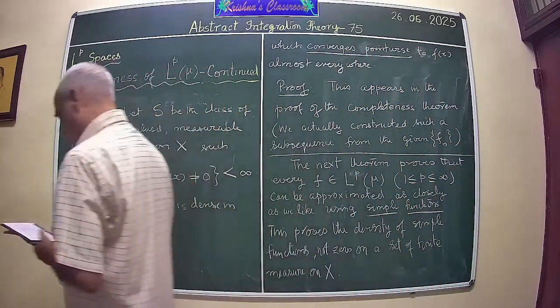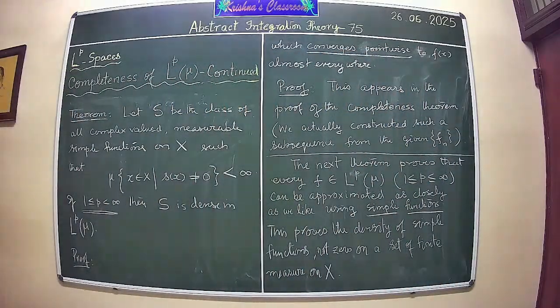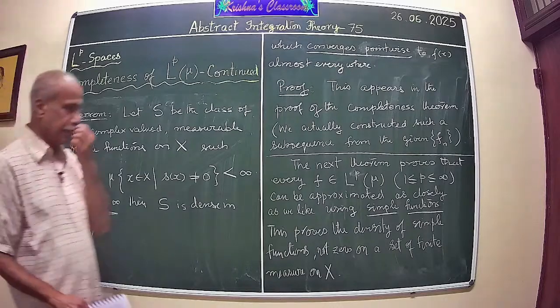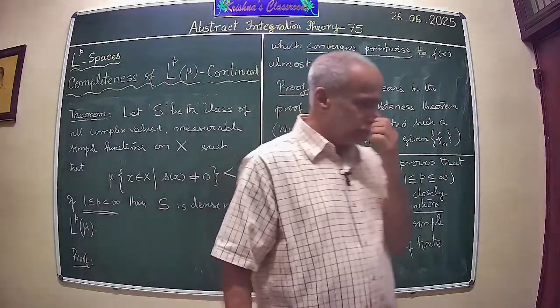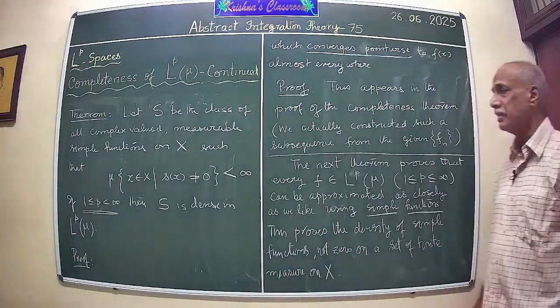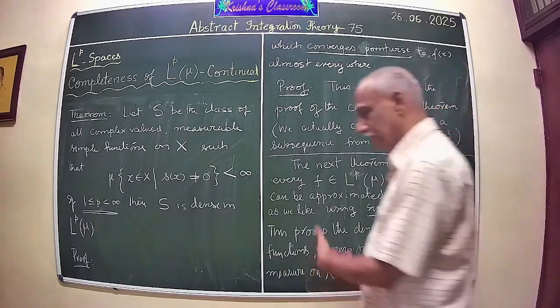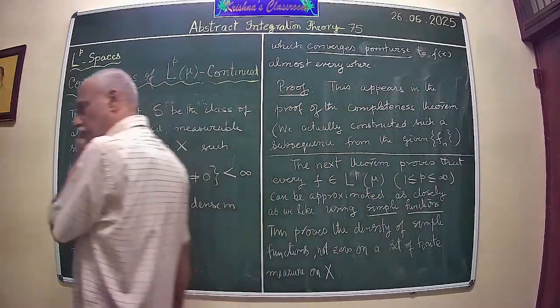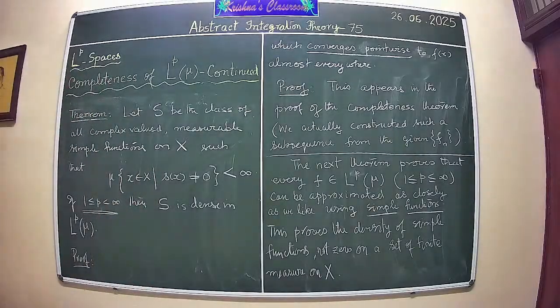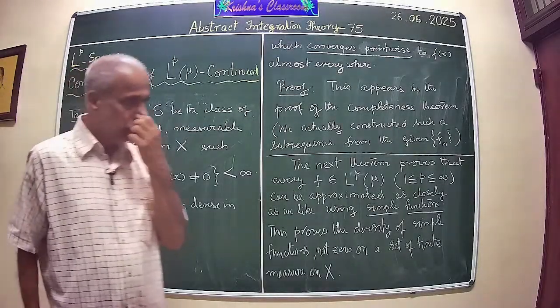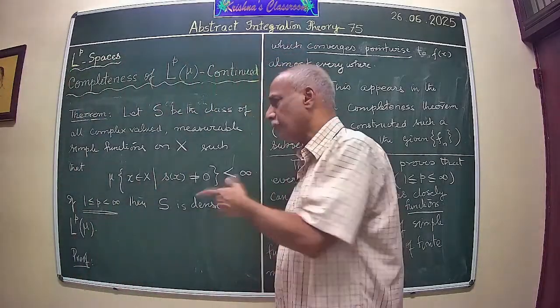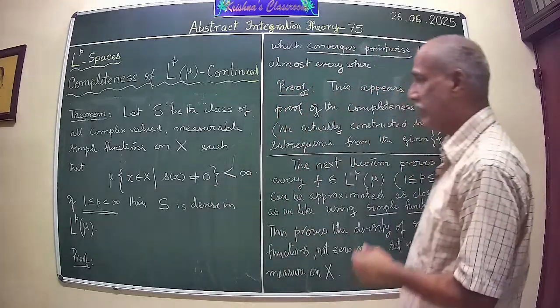Okay, so that's why we search for some credible and useful dense subsets of L^p. Okay, where if certain properties hold, using the limiting property we may be able to push it across to prove that it is valid for every element in L^p.